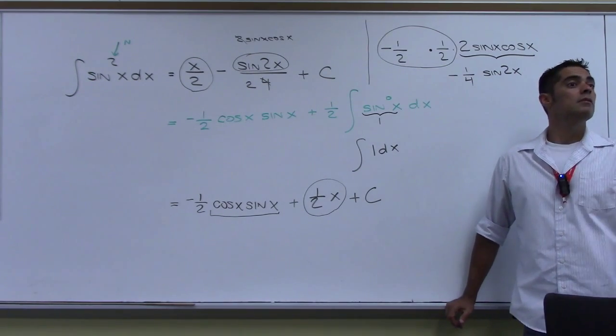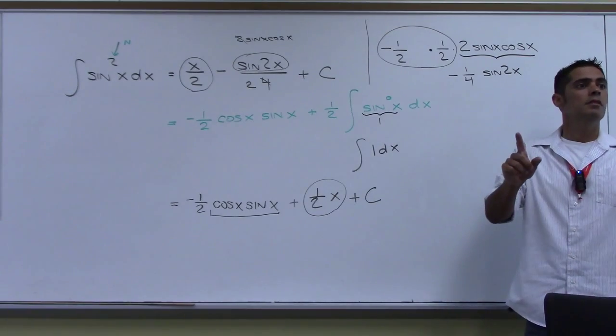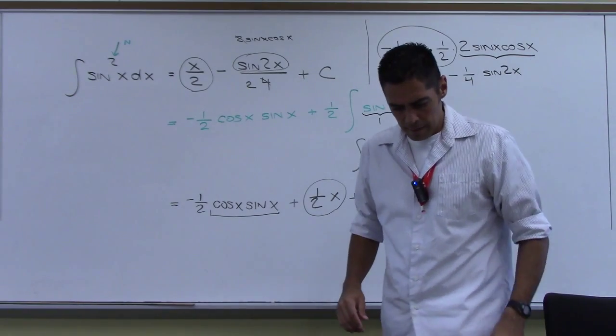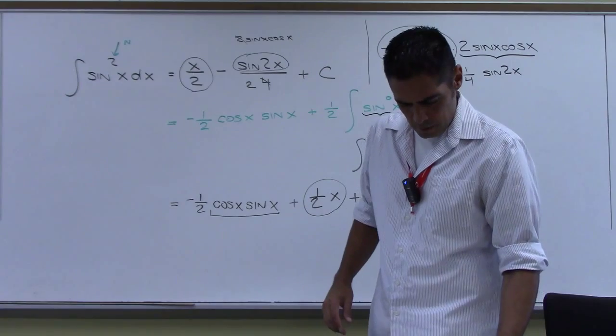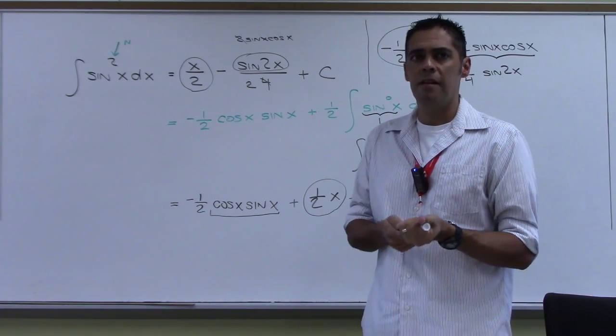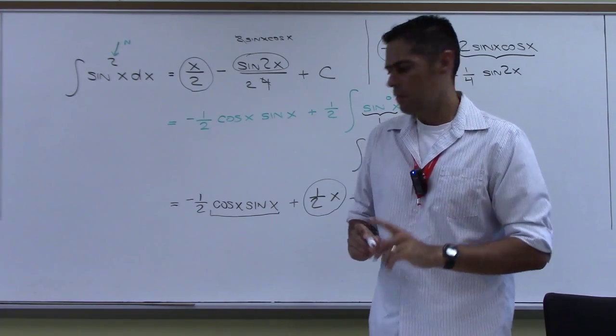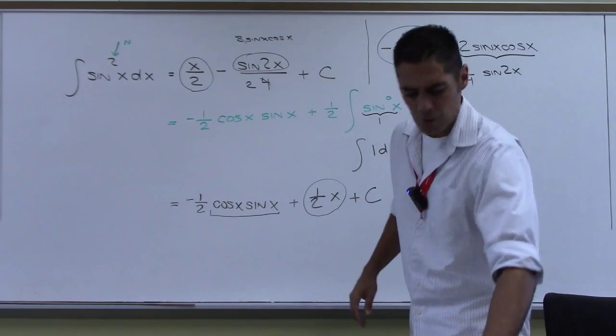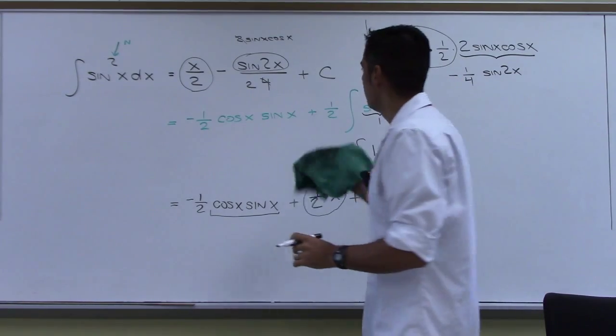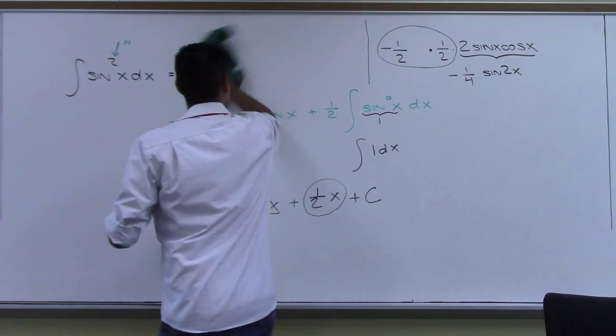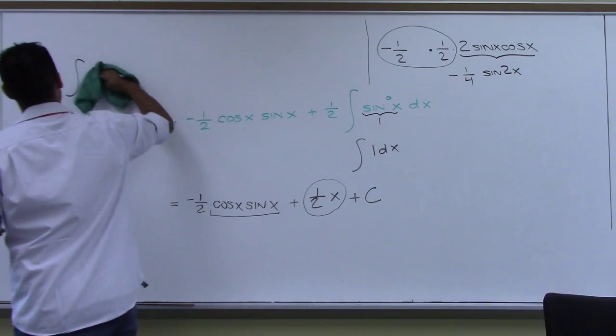Yes, question number 13 from the homework. Question 13. E to the 2 theta sine 3 theta d theta. So what happened? What was wrong? Did I mess that one up on the video or something? Oh, okay.